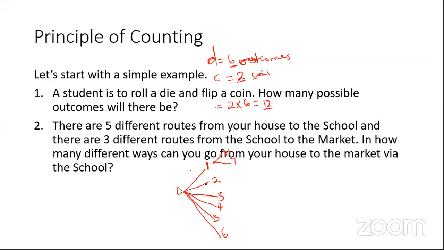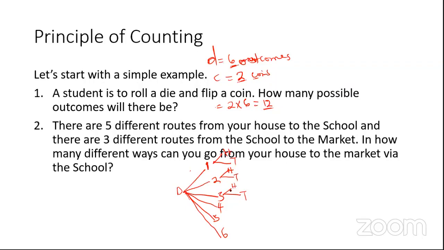Let's move on. Let's assume that your die outcome is 2. So we can have head, tail, making 4 combinations now. 1 and head is a combination, 1 and tail, another combination, making 2. 2 and head, making 3. 2 and tail, making 4. So we have 4 now. Let's go on. You can also have head, tail.